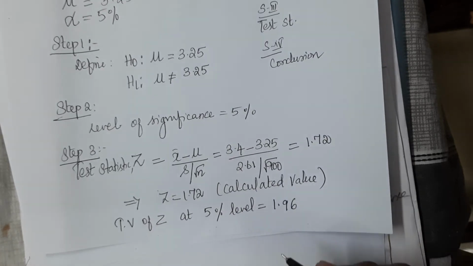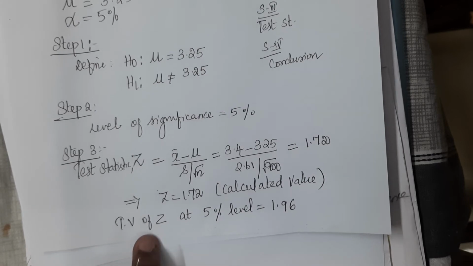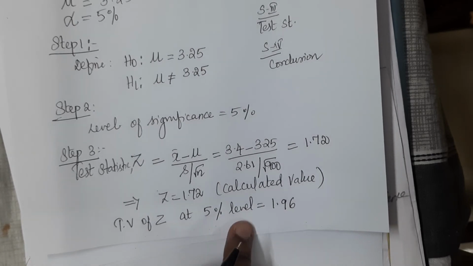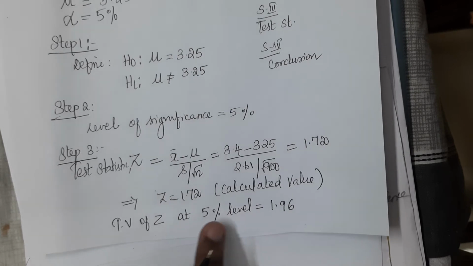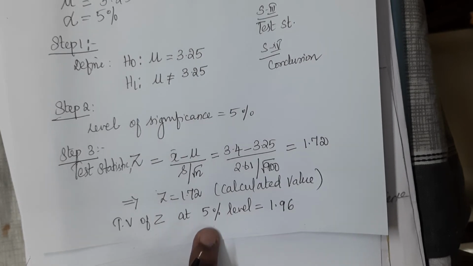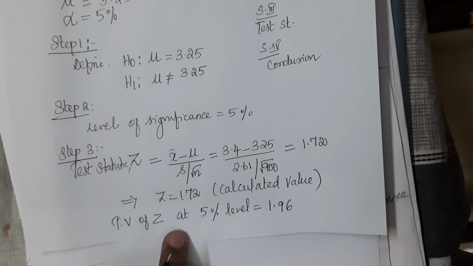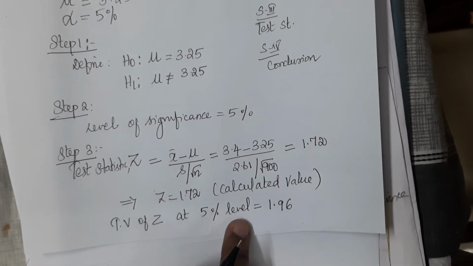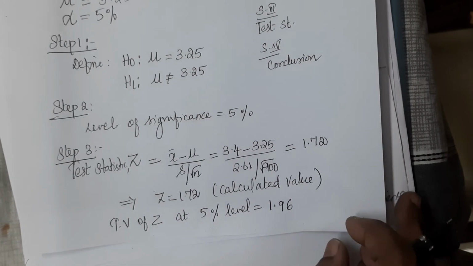You would have the table values of Z separately for one tail and two tail, for every percent level of significance. We have to consider the respective value according to the level of significance. So here the table value of Z at 5% level is 1.96. So this completes step 3.